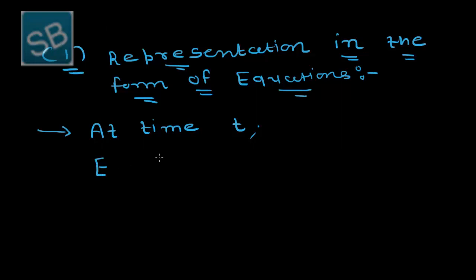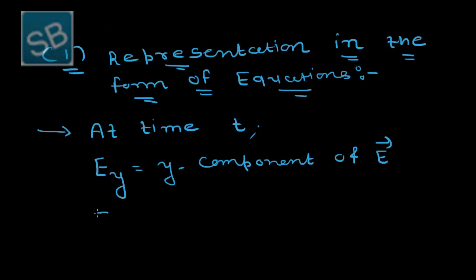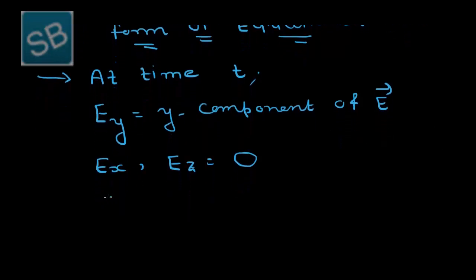So Ex and Ez, the x and z components of electric field, are both 0 because there is no existence of electric field in x and z direction, and hence I can write my equation for the y component of electric field: Ey is equal to E0 sine of omega t minus kx.